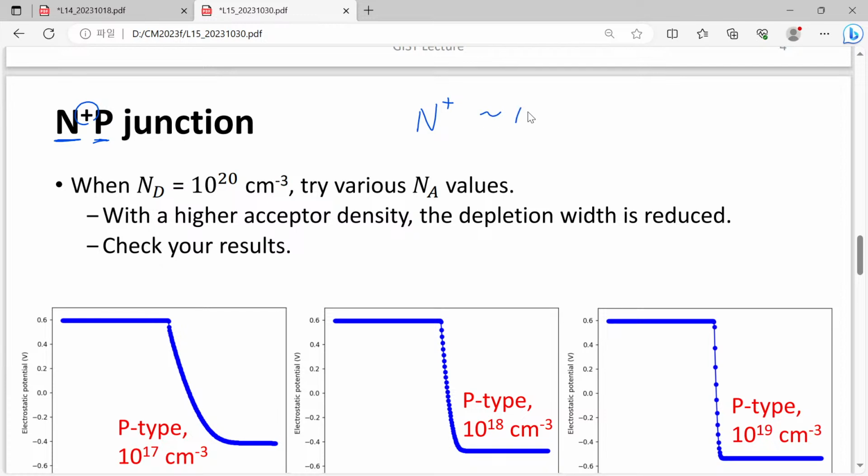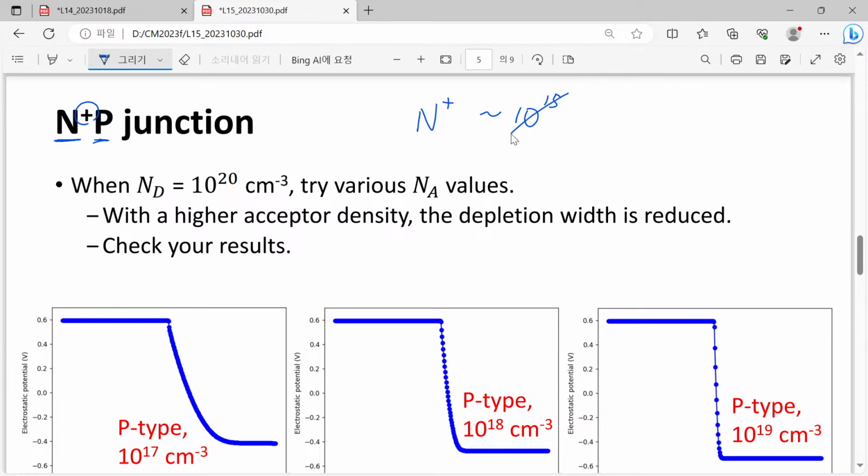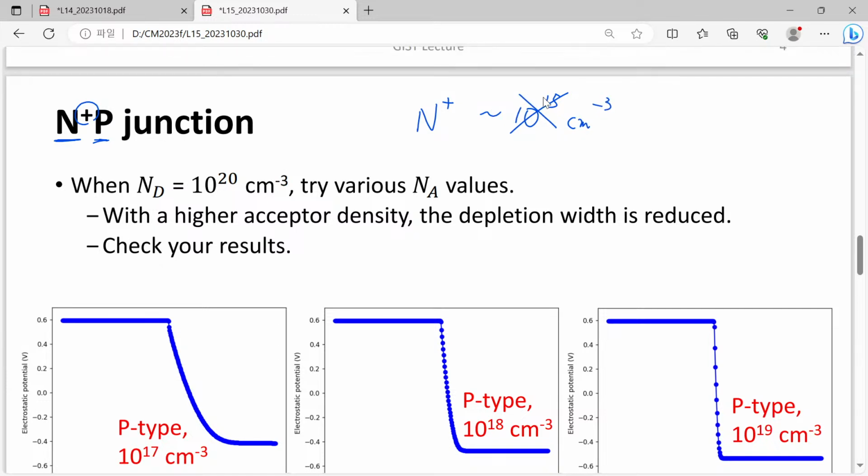For example, if we have 10 to the 15, we never say that corresponds to N plus. So usually when we say N plus, at least it should be on the order of 10 to the 19. But that is not that high a number.